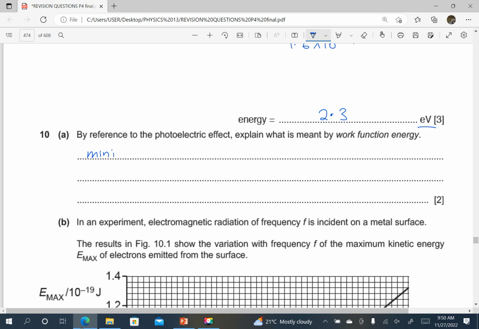So minimum energy of electromagnetic radiation required to remove an electron from a surface.